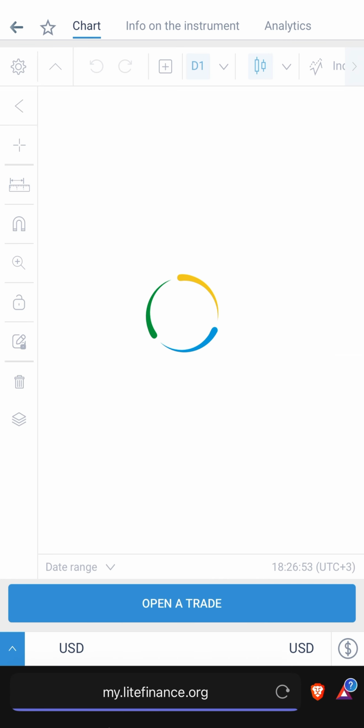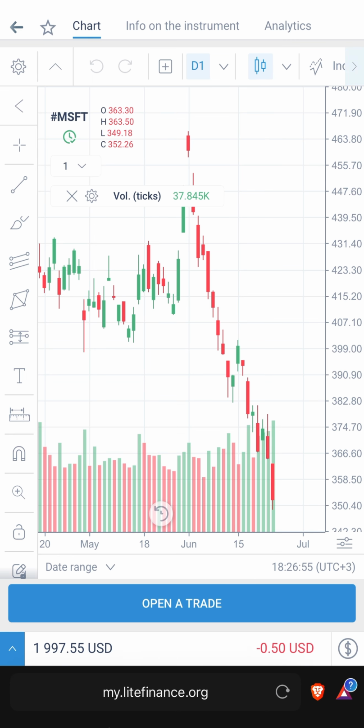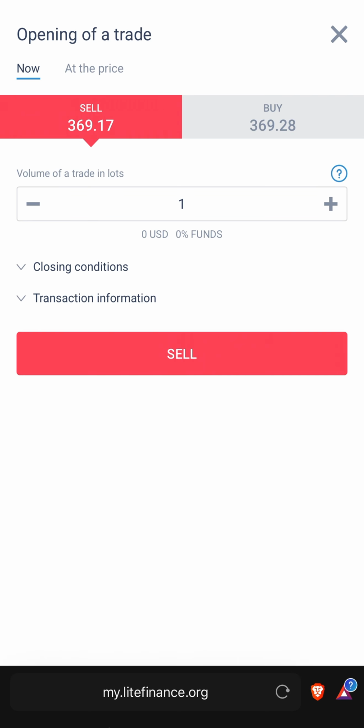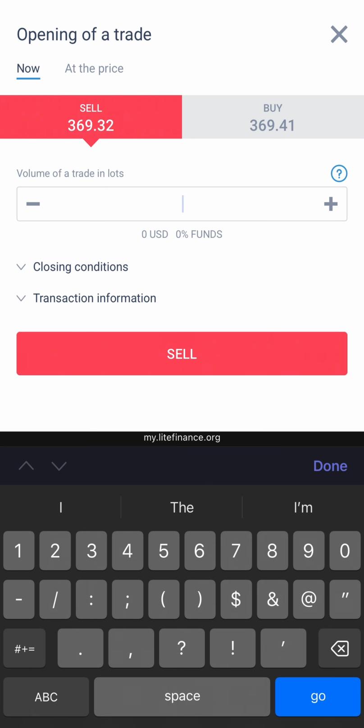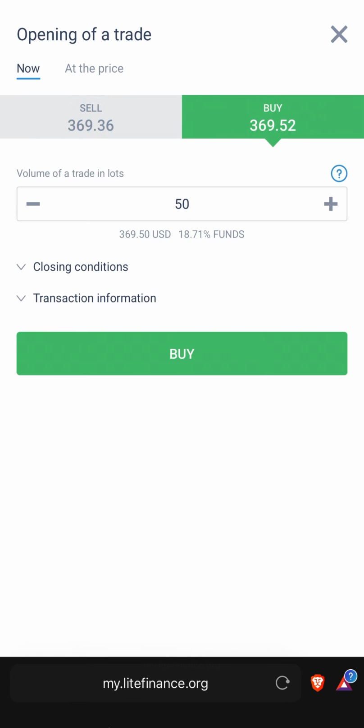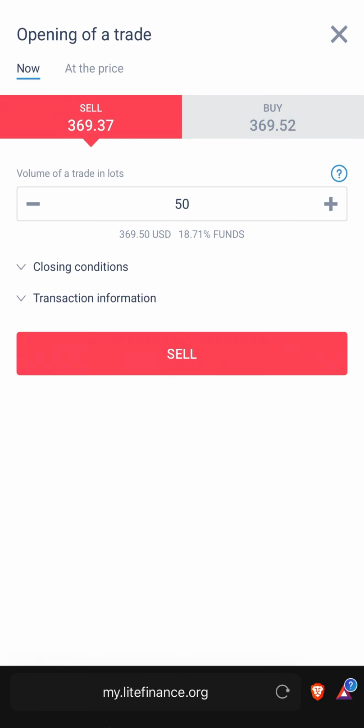So let's open Microsoft and then we go to open trade. Let's say one, let's say 50. If we want to sell, this is going to cost about 369 to open this particular position.